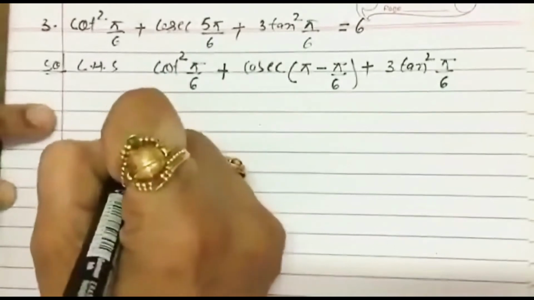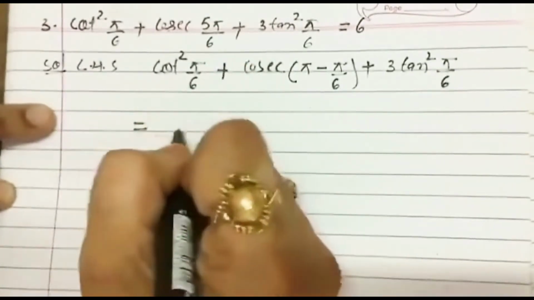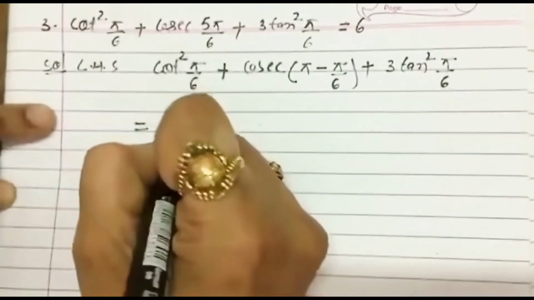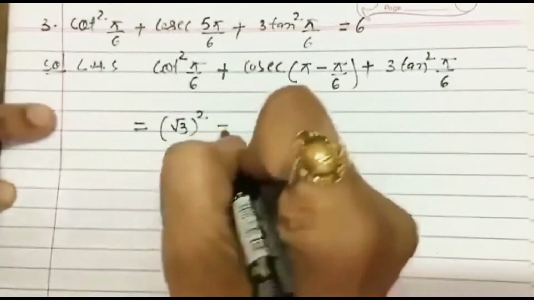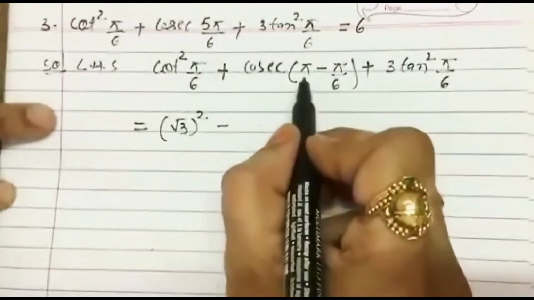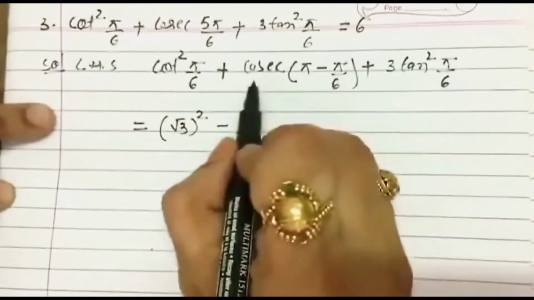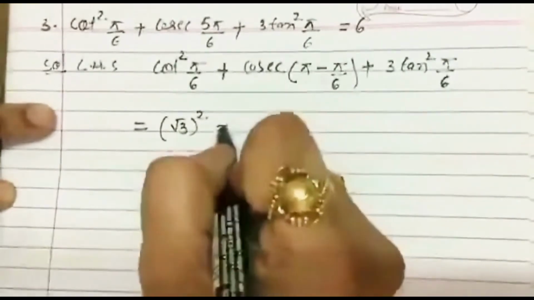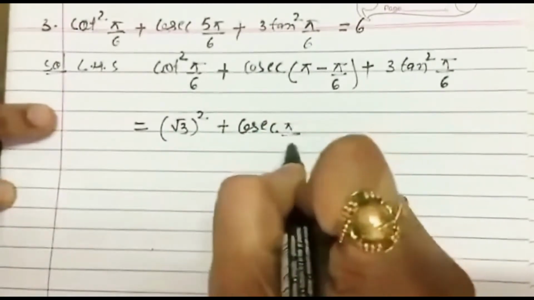Now write the values. Cot π/6 means cot 30, the value is √3 squared. And here you see that π − π/6 is the second quadrant and cosec is positive in the second quadrant. So here you will get only cosec π/6.